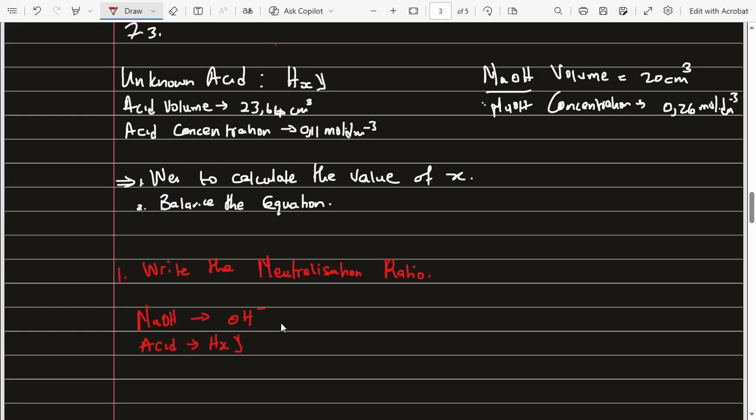This means that each acid molecule can release X hydrogen ions. I'm not sure if this makes sense, but let me say this again. It simply means each molecule can release X hydrogen ions.